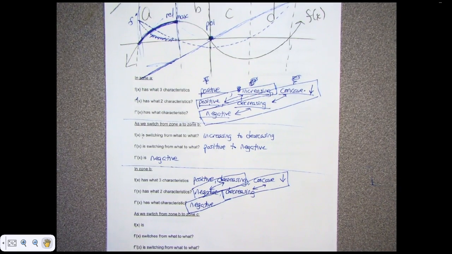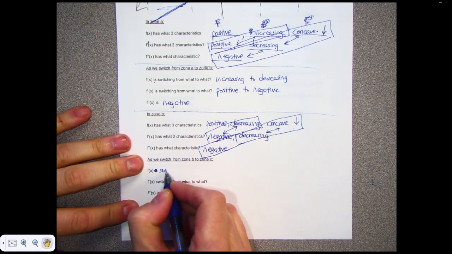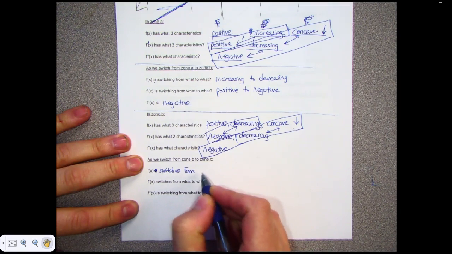F of x, I don't know why it says is there. It should say f of x switches from what to what.